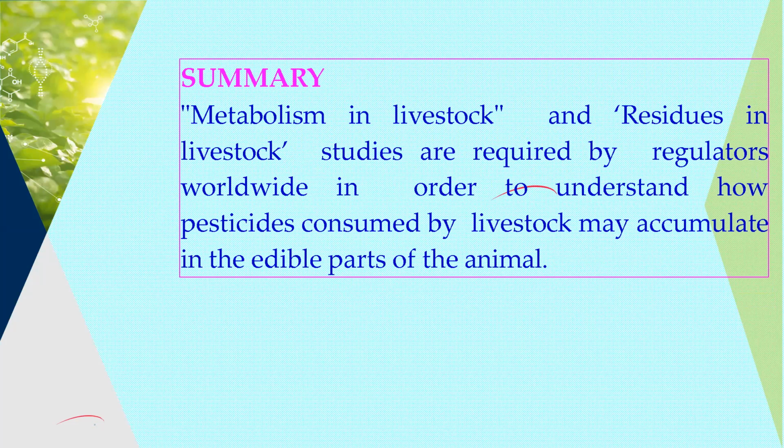These are required by regulatory authorities worldwide in order to understand how pesticides consumed by livestock may accumulate in the edible part of the animal. That's how we need to establish this. Accordingly, the OECD guidelines 503 and 505 are designed, and you have to understand them very properly.